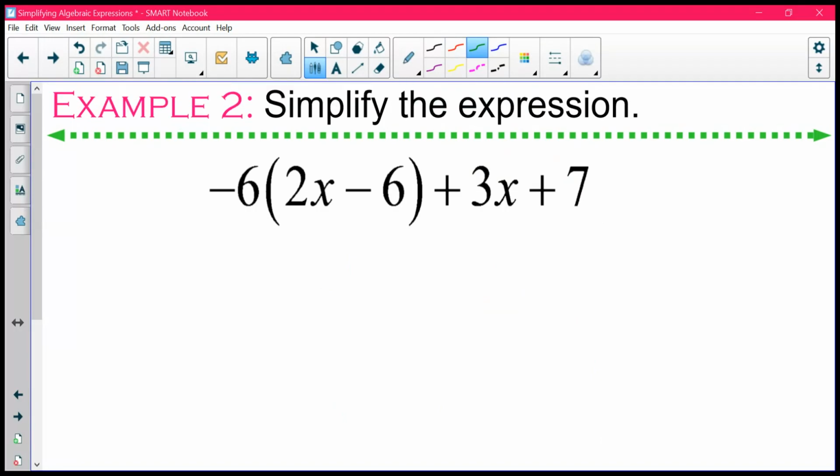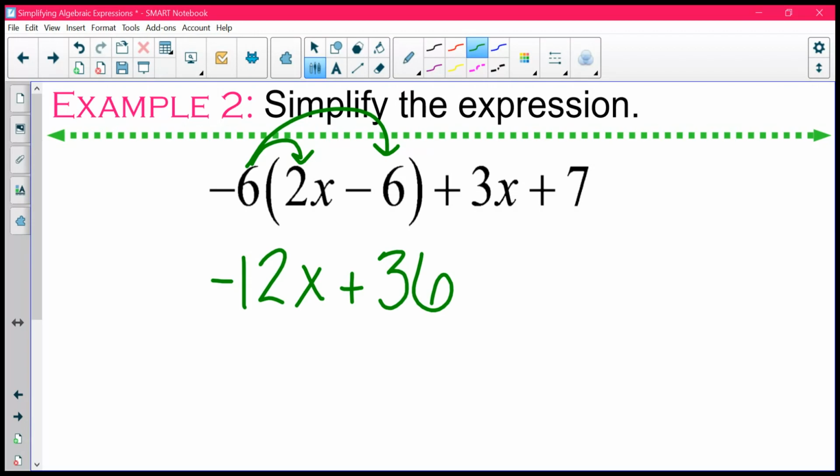Okay, a little bit bigger, just take it one step at a time. Negative 6 times 2x is negative 12x. Now negative 6 times negative 6 is positive 36. Then I'm going to bring down the plus 3x plus 7.